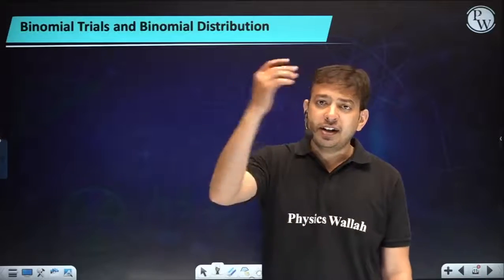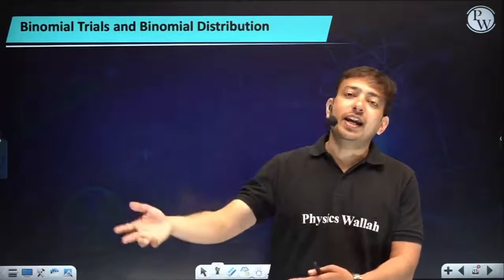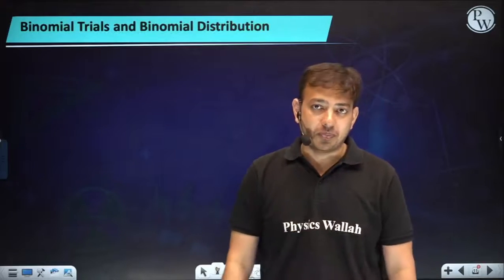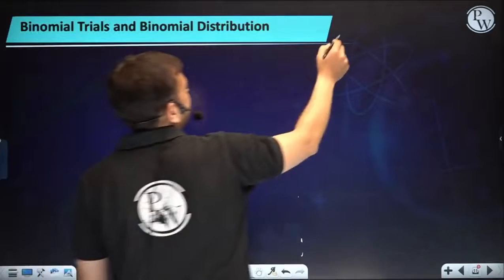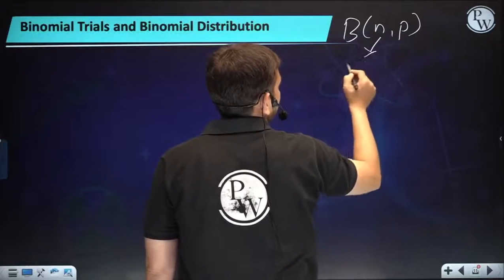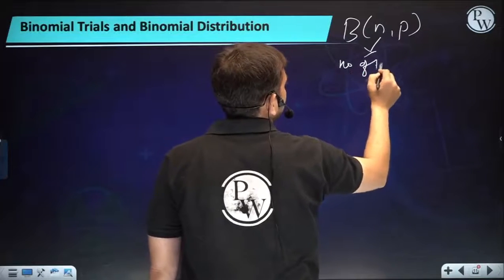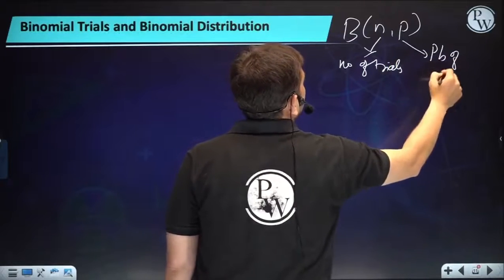Like throwing a die 10 times, 15 times, getting an even number is a success. So in 10 times, how many successes will you get? So to justify it more, it is denoted as binomial trial n, p. Here n is number of trials. p is probability of success.